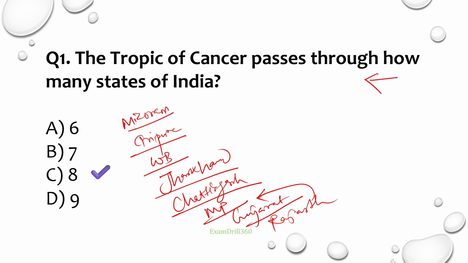I think Rajasthan will come before Gujarat, then Gujarat. Got it? 1, 2, 3, 4, 5, 6, 7, 8 Indian states.